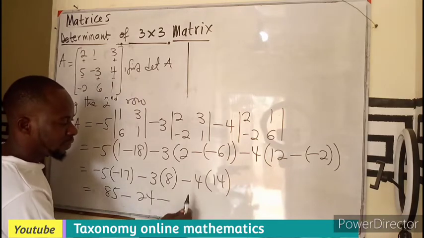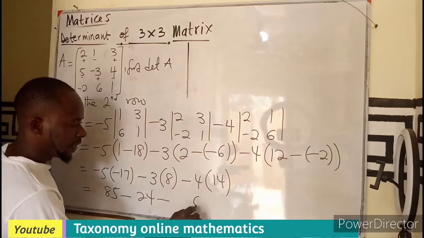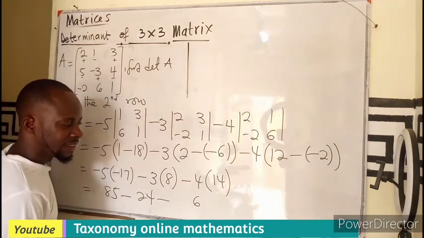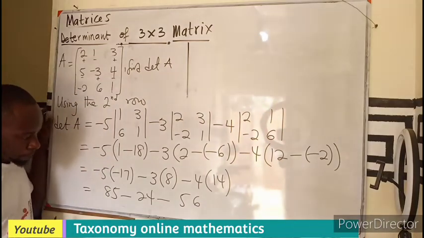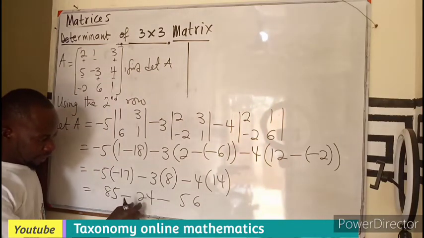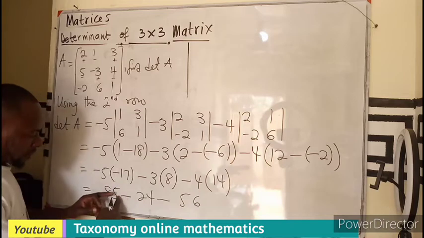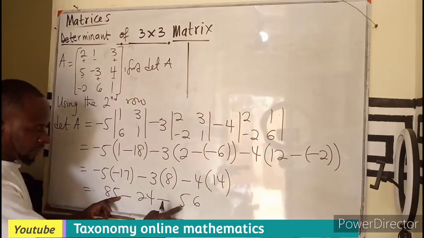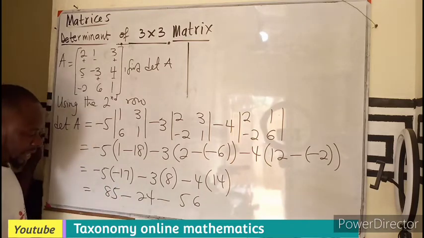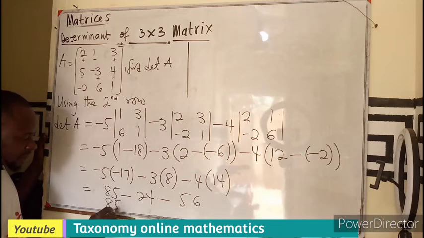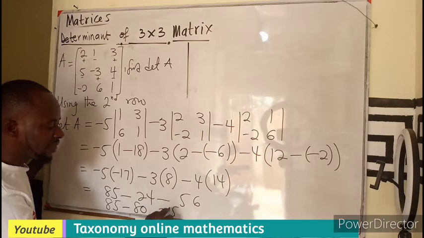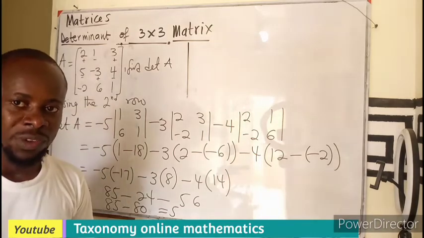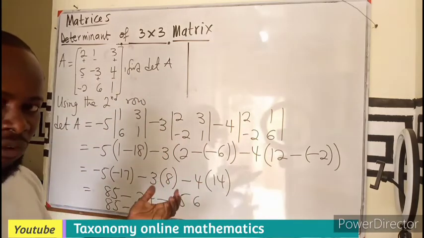Minus, this is going to be 16, 1. Right? So 56. Okay. This and this, if I take it from here, I can have 70. So we have 80. So it's going to be 85 minus negative 80, which will still give us 5. So you see that using row 1, you get 5.